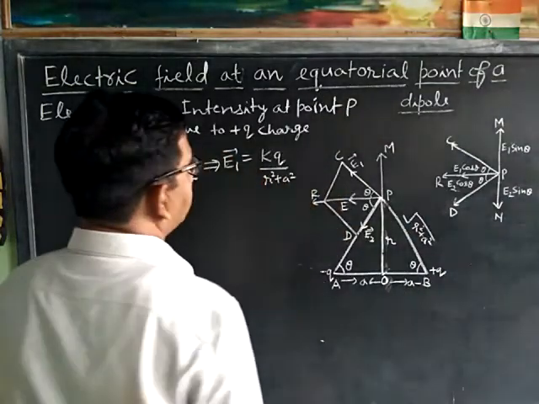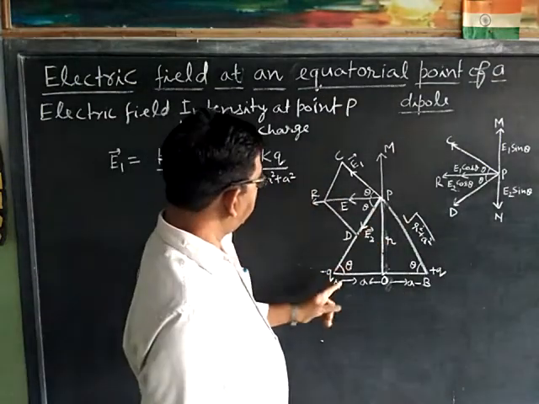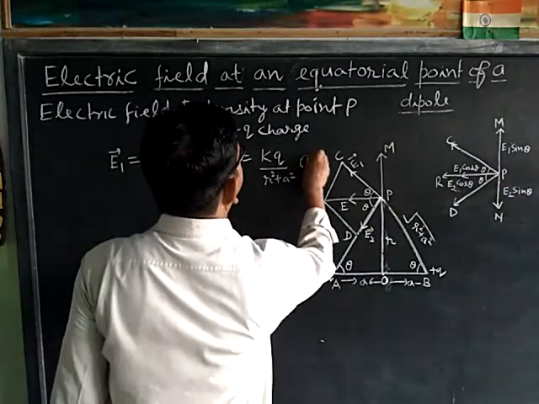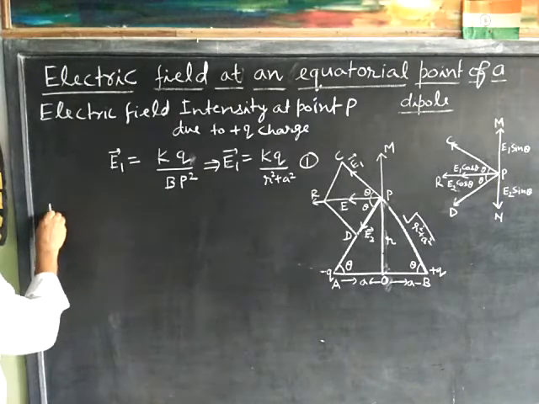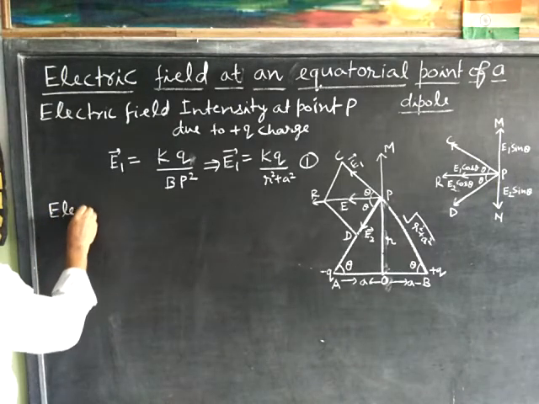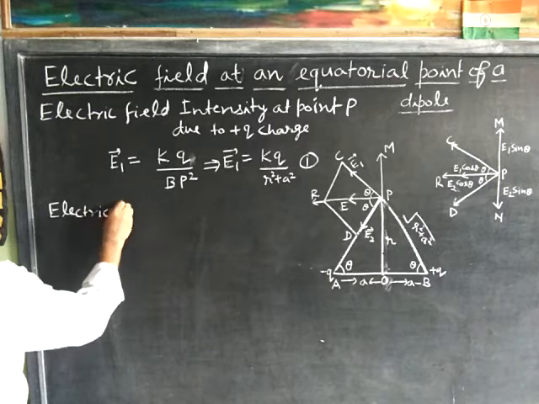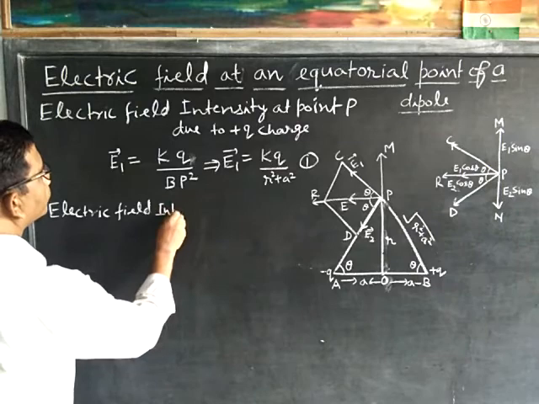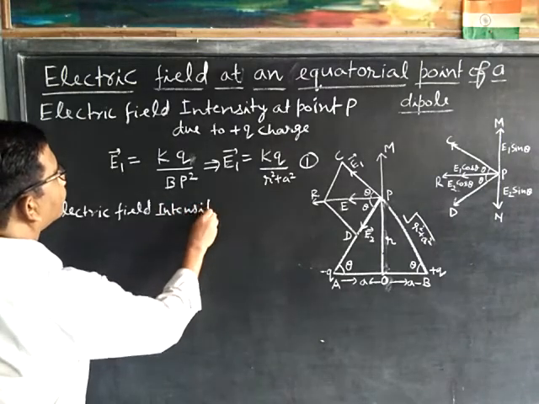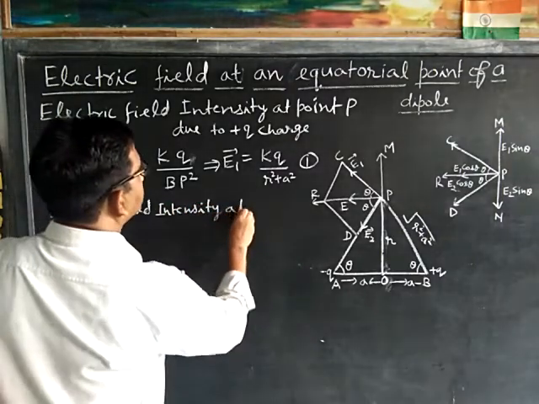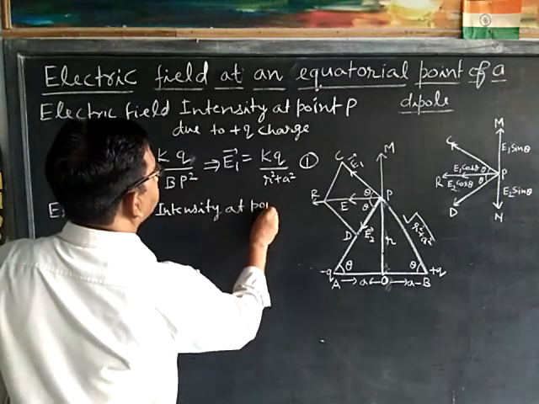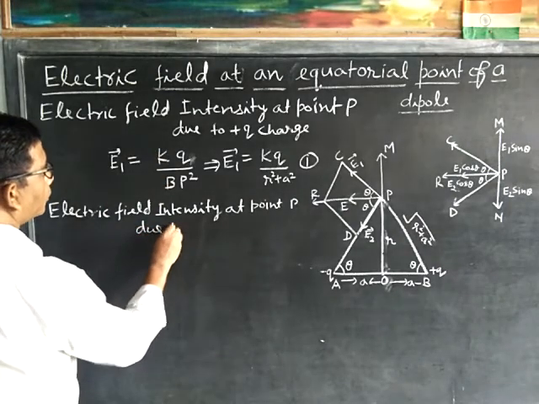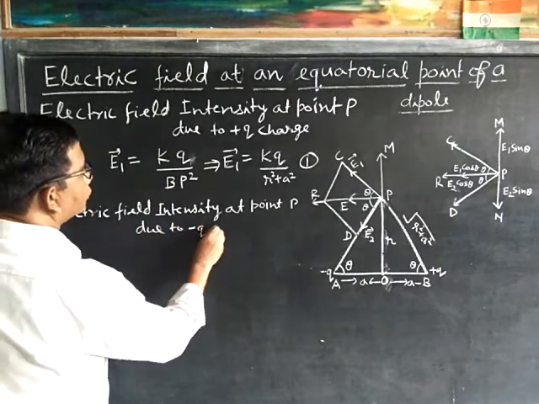Suppose this is my first equation. Now the electric field intensity at point P due to minus Q charge.